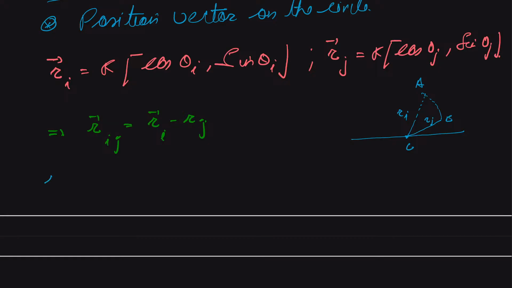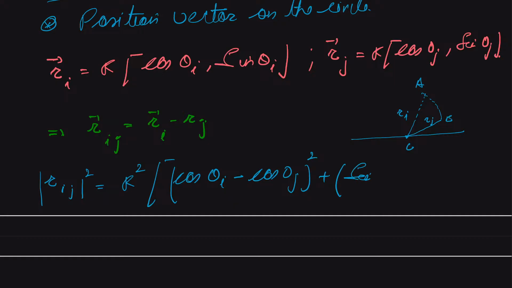So the magnitude of Rij squared will be equal to r square times, substituting the values, (cos of theta i minus cos of theta j) whole square plus (sine of theta i minus sine of theta j) whole square.